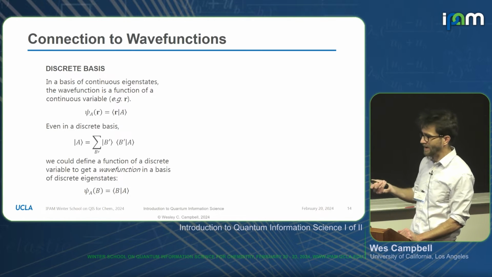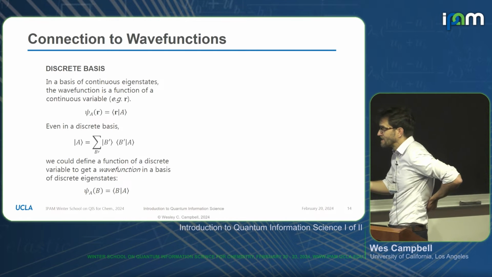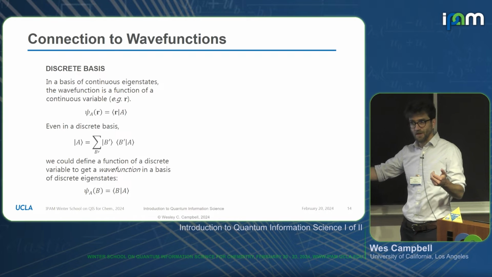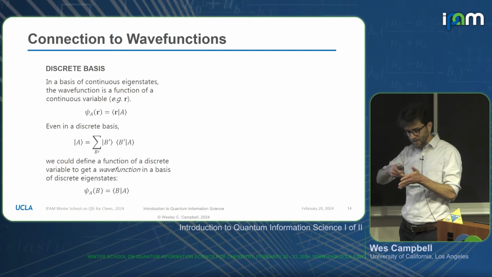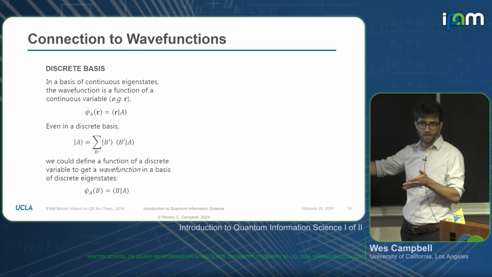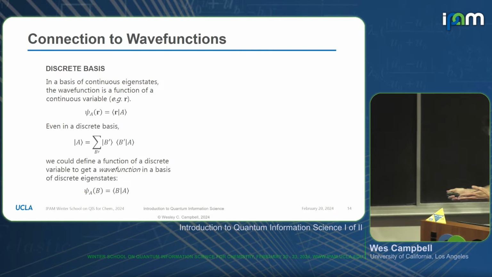B only takes certain values. It's not continuous, but nonetheless, this plays the role of the wave function. If you have an expansion of some state vector in terms of basis states, you can view the collection of coefficients as a wave function, if you like. It is the same thing.